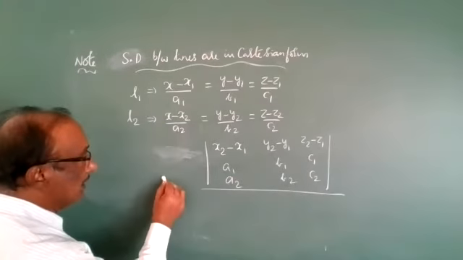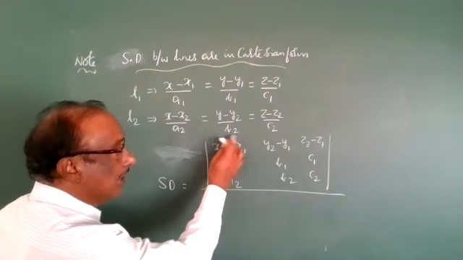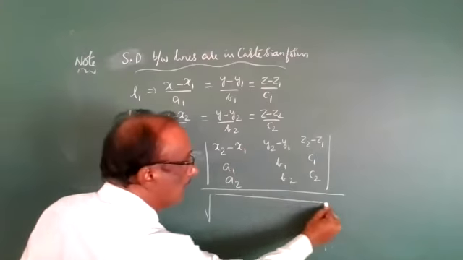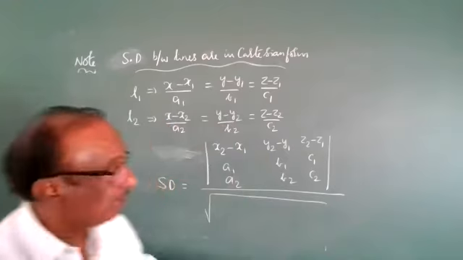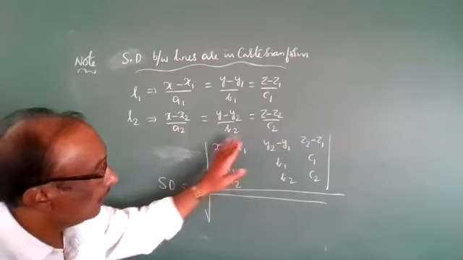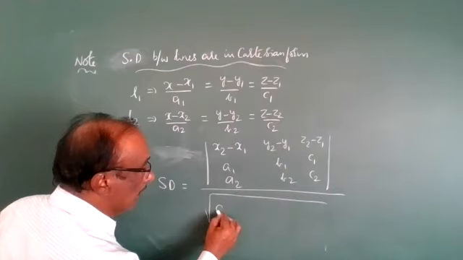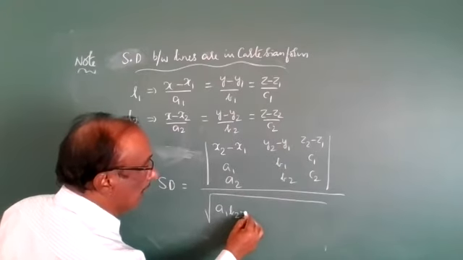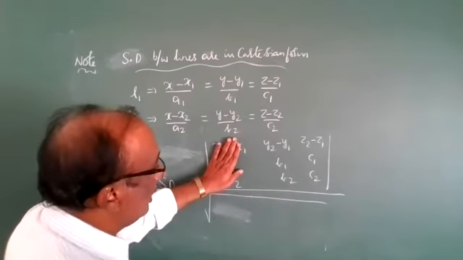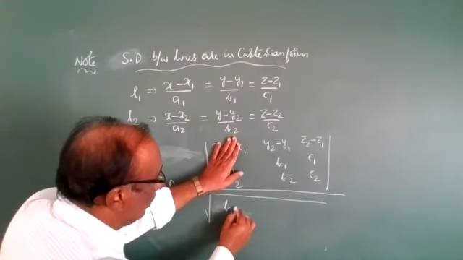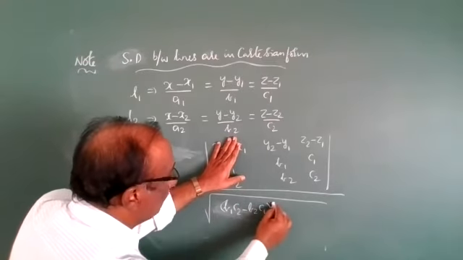The denominator is the square root of the determinant values. Close this row and column, so now we get a1... b1 c2 minus b2 c1, whole square.